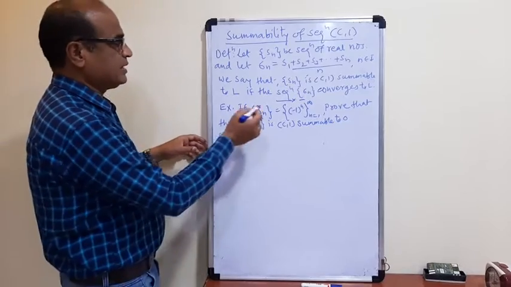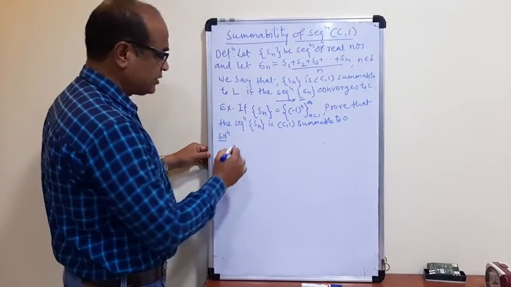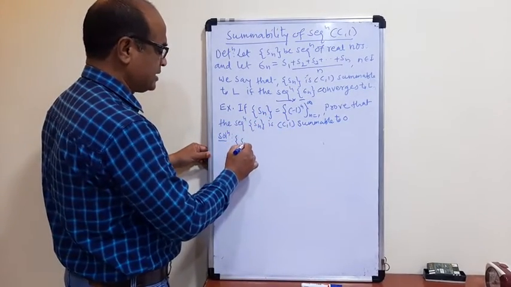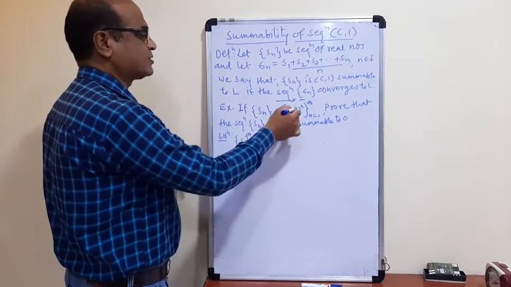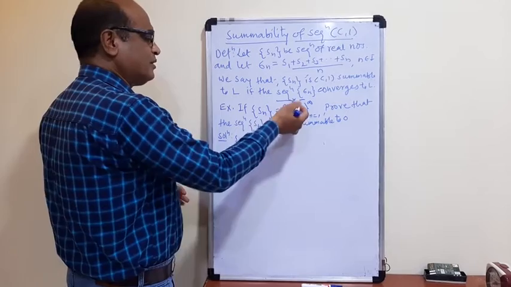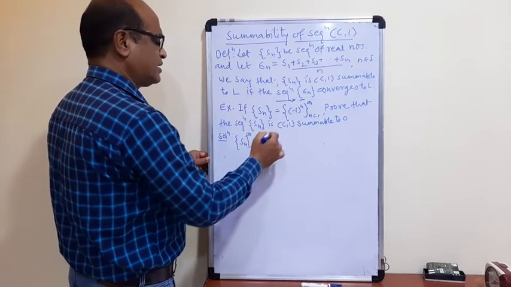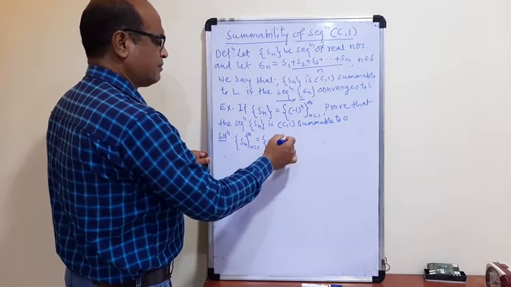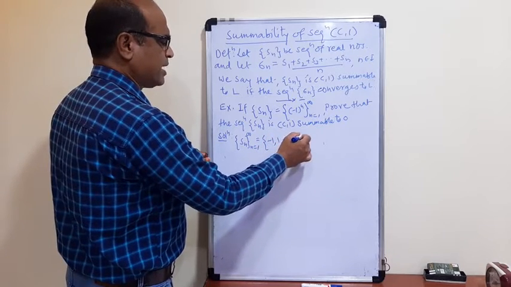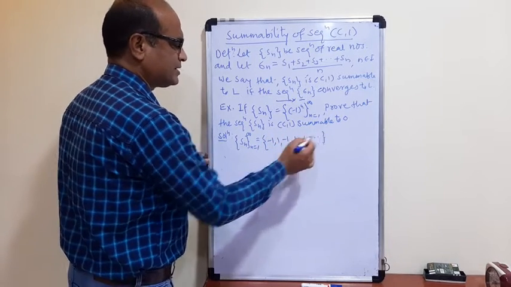So what is the solution? What is the sequence here? Sn, n from 1 to infinity, is equal to minus 1 raised to n. Putting n equal to 1, we get minus 1 raised to 1, which is minus 1. For n equal to 2, plus 1, then minus 1, plus 1, minus 1, and so on. This is the sequence.